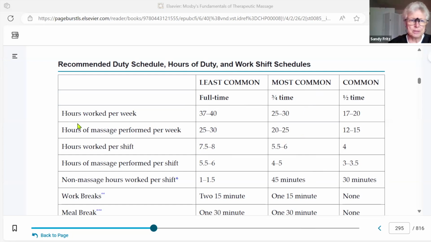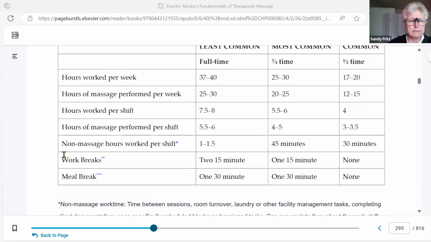So it goes through here, and so let's look at the most common, 3/4 time. Hours worked per week, 25 to 30. Hours of massage performed is 20 to 25. Hours worked per shift, 5 to 6 hours. Hours of massage per shift, 4 to 5. Non-massage hours worked per shift, 45 minutes.